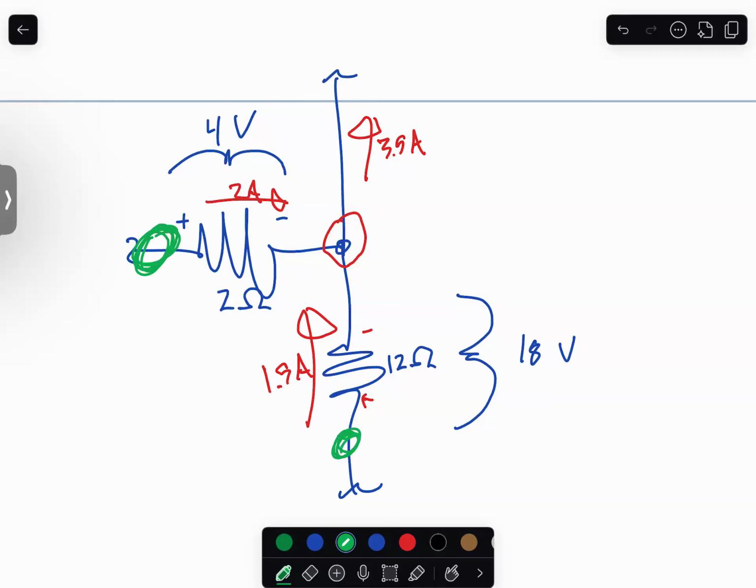Tell me the voltage difference between those 2 points. How high is this open circle relative to the closed circle? If I put a voltmeter from the open to the closed, what would it read? I told you that the top resistor drops 4 volts going that way. The bottom resistor drops 18 volts going that way. What's the voltage difference there to there?